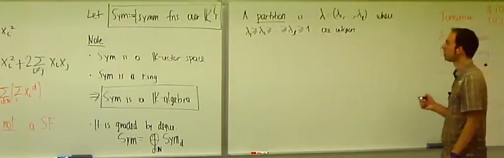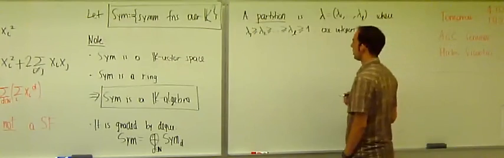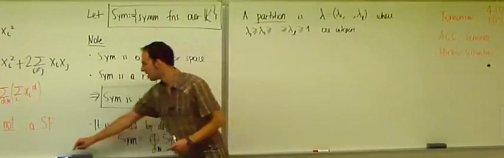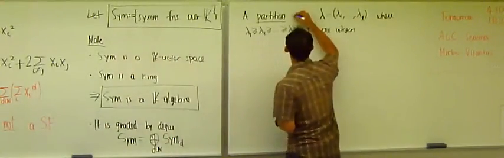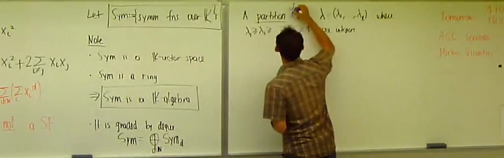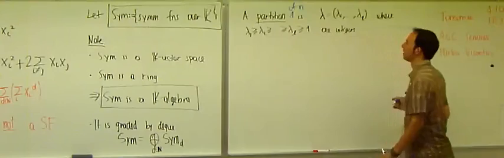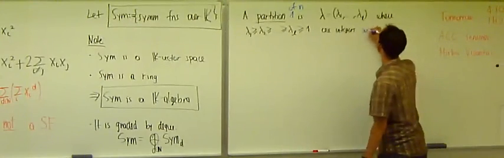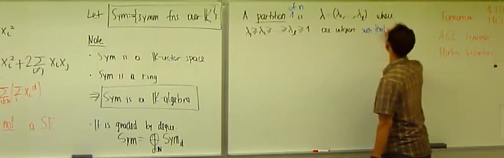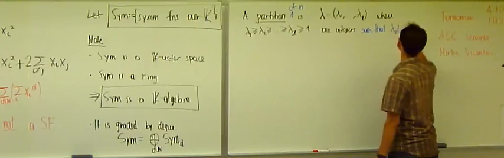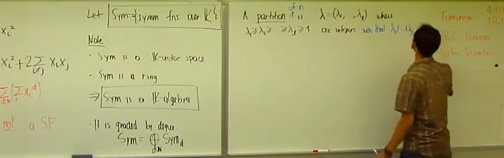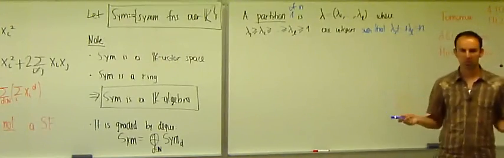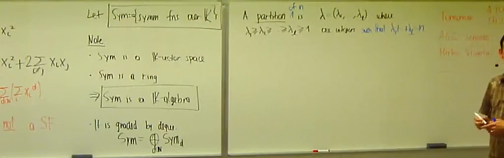Okay? We call this a partition of n if the numbers add up to n. Sometimes we just write 4, 3, 1, 1 is a partition, and we don't say what it's a partition of.